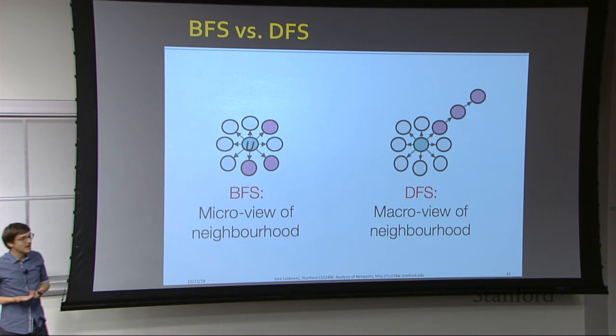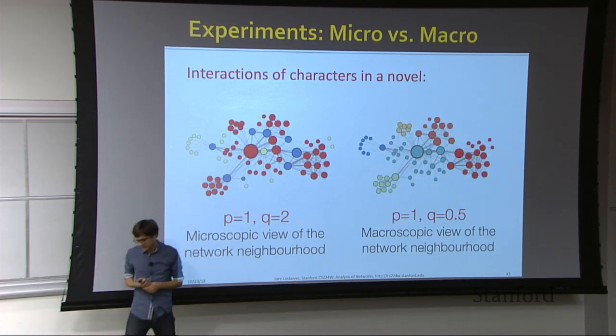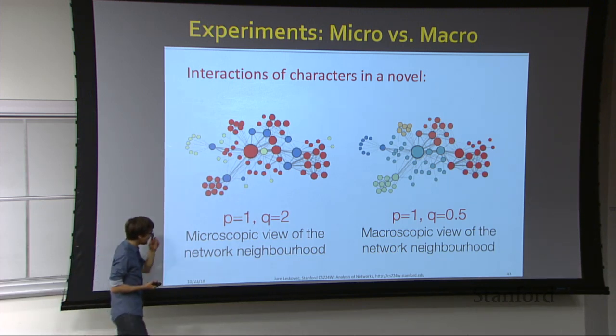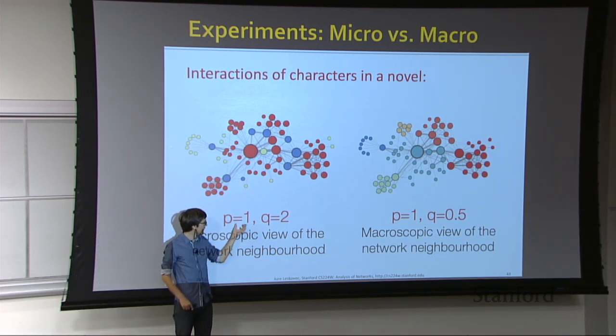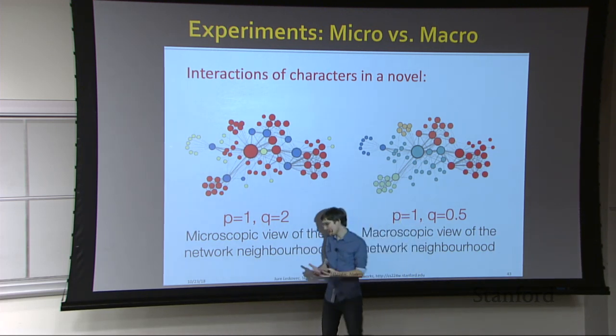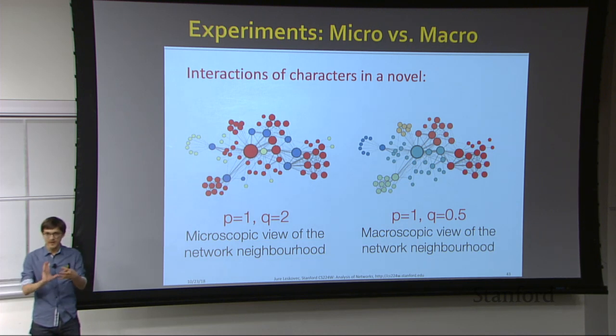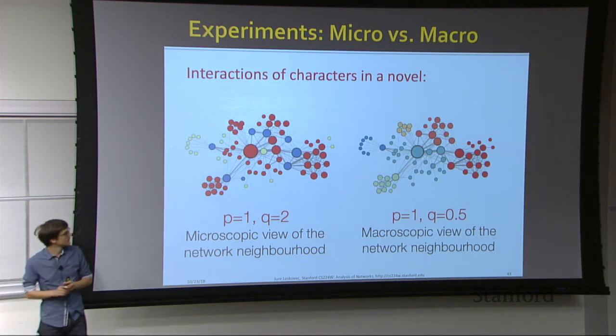And to give you an example, this is a social network of characters in a novel, where what was done here is we set different values of P and Q, we learned the embedding, and then we colored the nodes that are close together in the embedding with the same color, right?